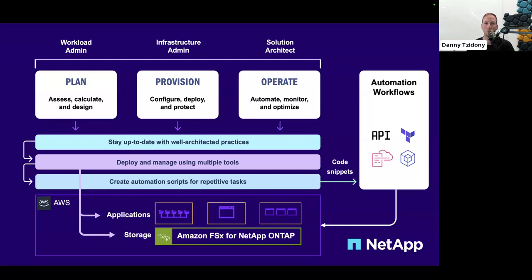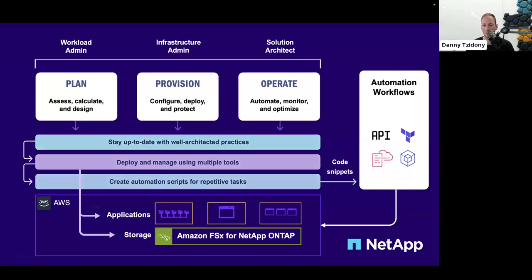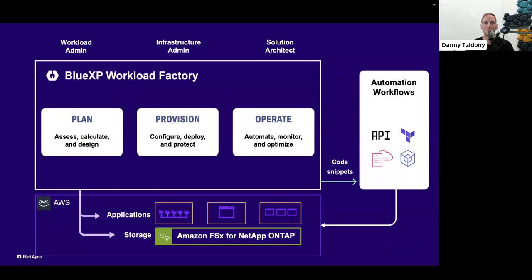We also need to deploy and manage multiple tools. And if we want to avoid doing repetitive tasks manually, it is advisable to create automation scripts for repetitive tasks with code snippets. And here, BlueXP Workload Factory comes to our aid when it helps us plan, provision, and operate our different applications that are using FSx for ONTAP as the underlying storage layer.